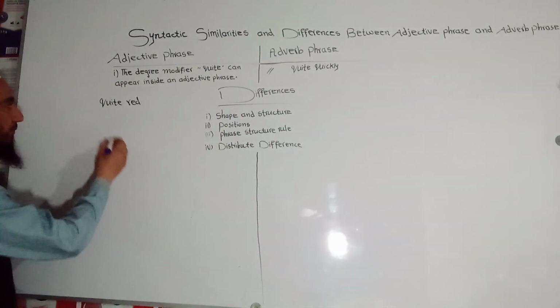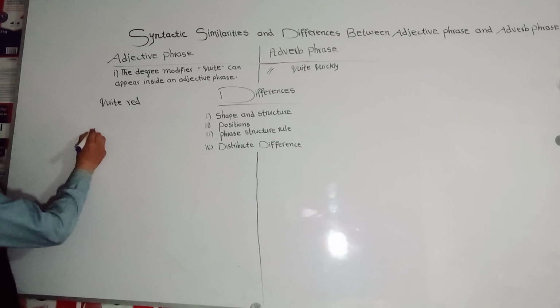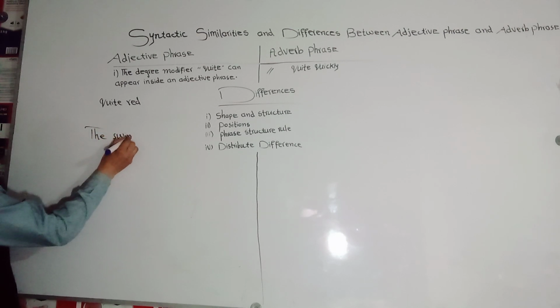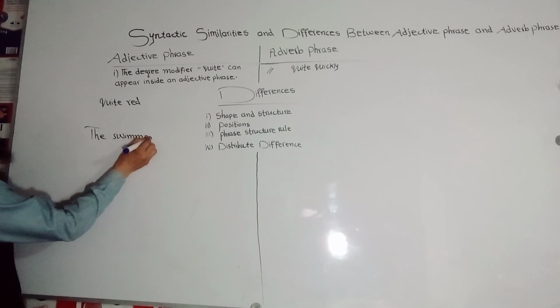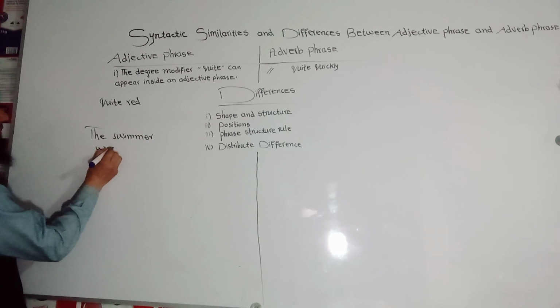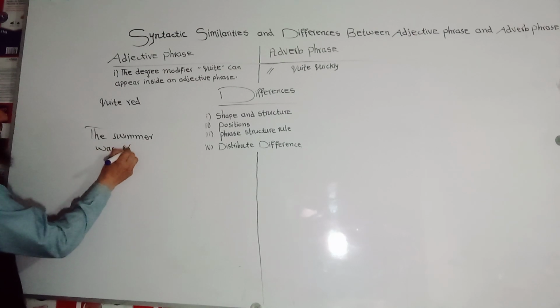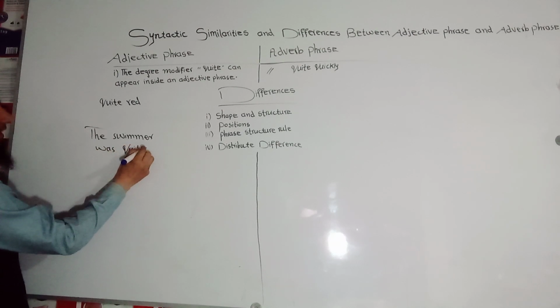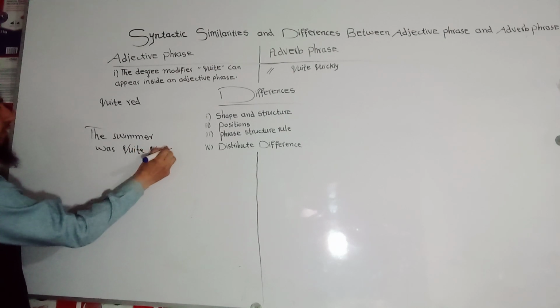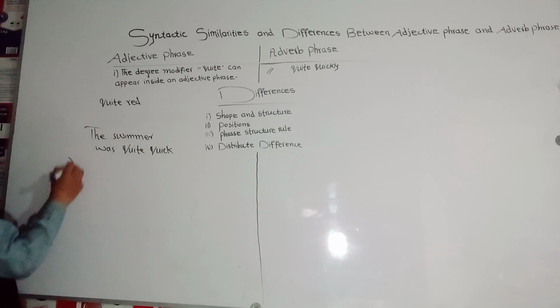One is for adjective: the swimmer was quite quick. This is one example.